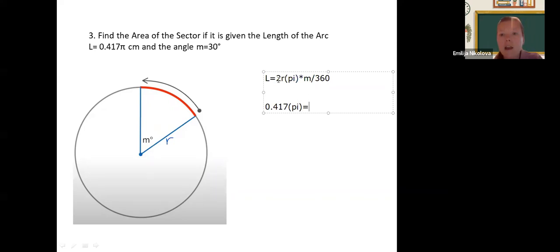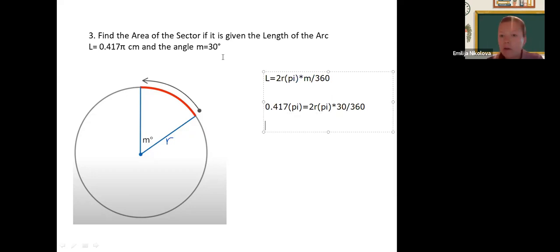Then on the other side, I have 2r. We don't know how much is r. Pi, I will leave just pi as it is. And then I have the fraction of the angle, so times the angle given, 30 degrees divided by 360.